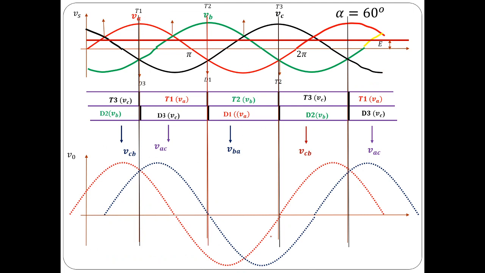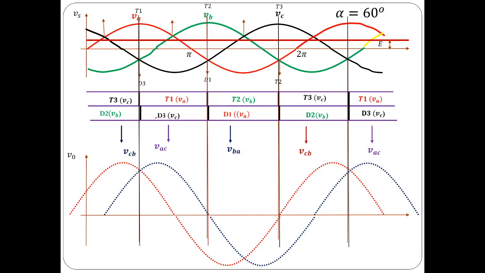Now for example, if alpha is 60 degrees, what would happen? If alpha is 60 degrees, then the conduction diagram for the thyristors would be shifted by 60 degrees, whereas the conduction diagram for the diodes is going to be the same as that of alpha equal to 0. So if you shift that by 60 degrees, then thyristor 1 and D3 are going to conduct simultaneously for 120 degrees.